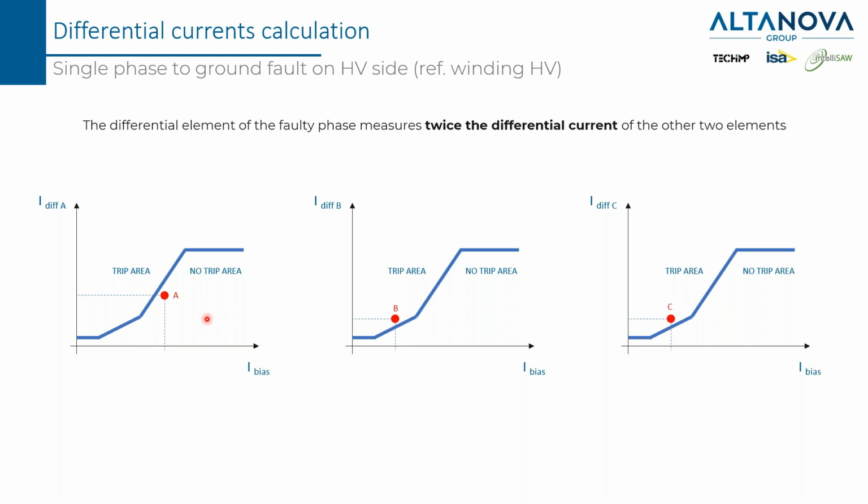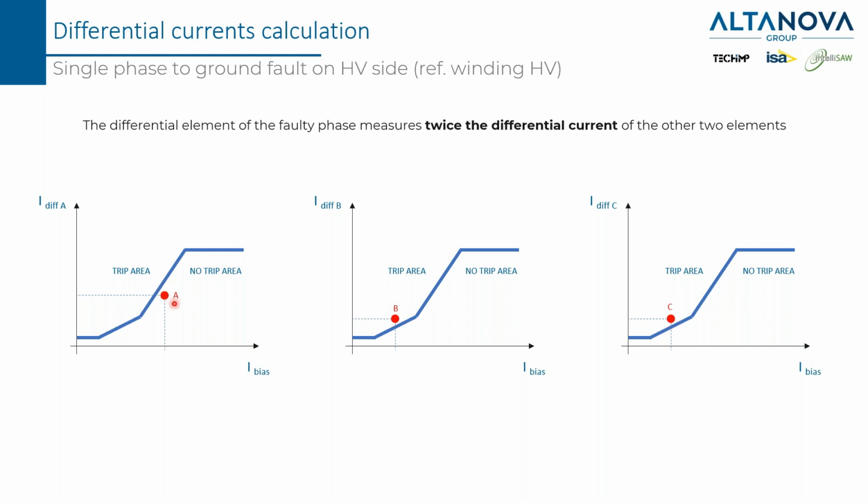But this is important. The phase A element will measure the double of the other two elements. So if I decide to test this particular point, there is the possibility that the other two elements will fall into the trip area.